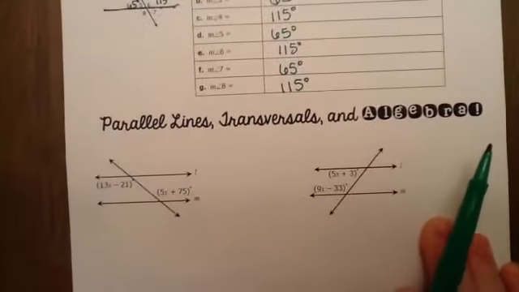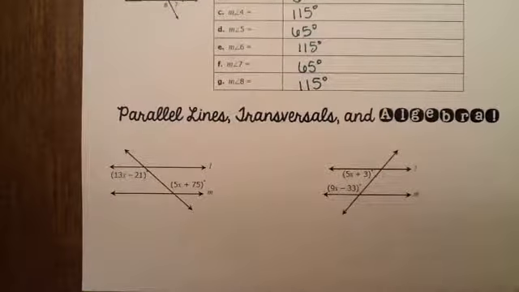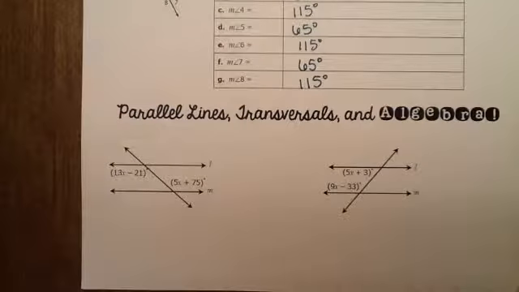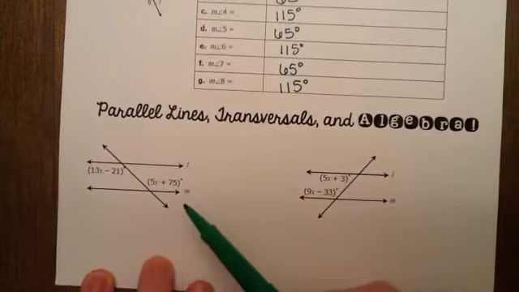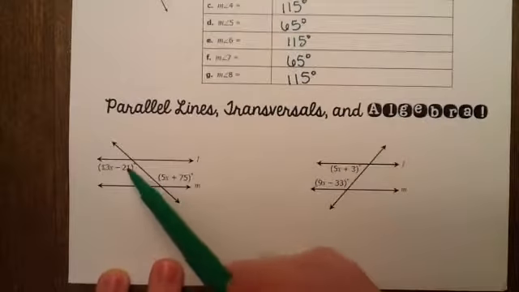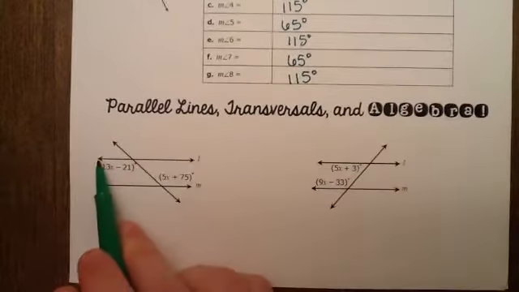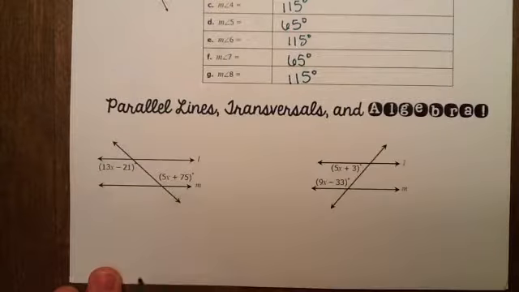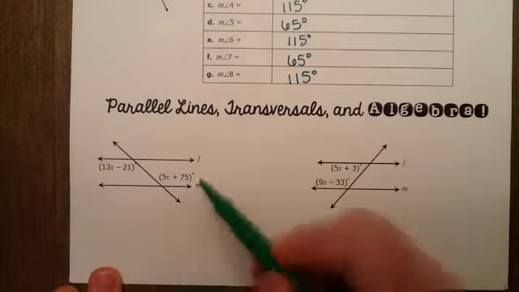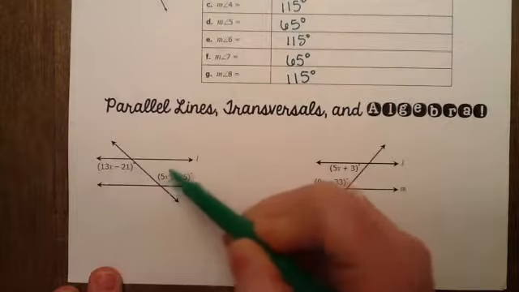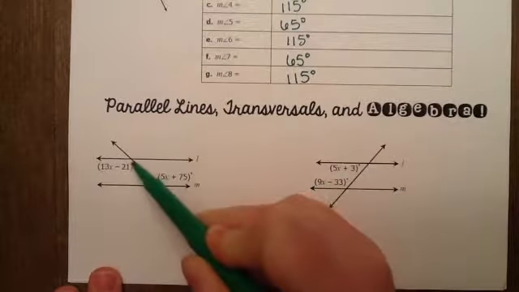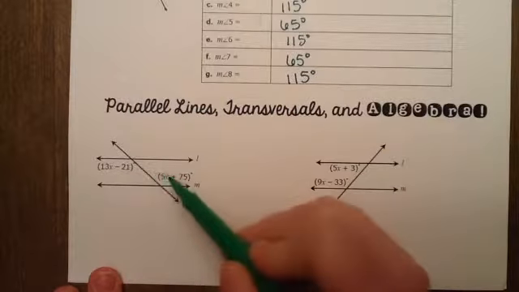We are going to use that knowledge to find missing angle measurements, using variables. So you need to first figure out what type of angles do we have. Am I inside or outside those parallel lines? Both angles are inside the parallel lines. Are they consecutive or alternating?